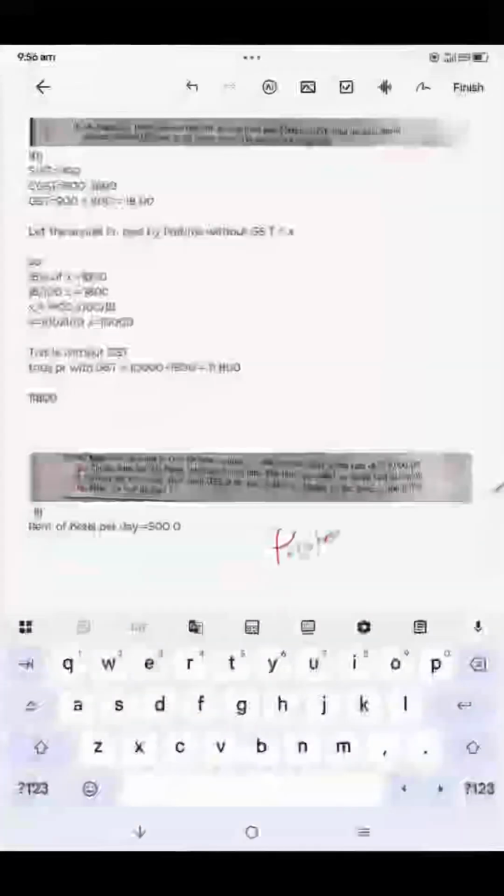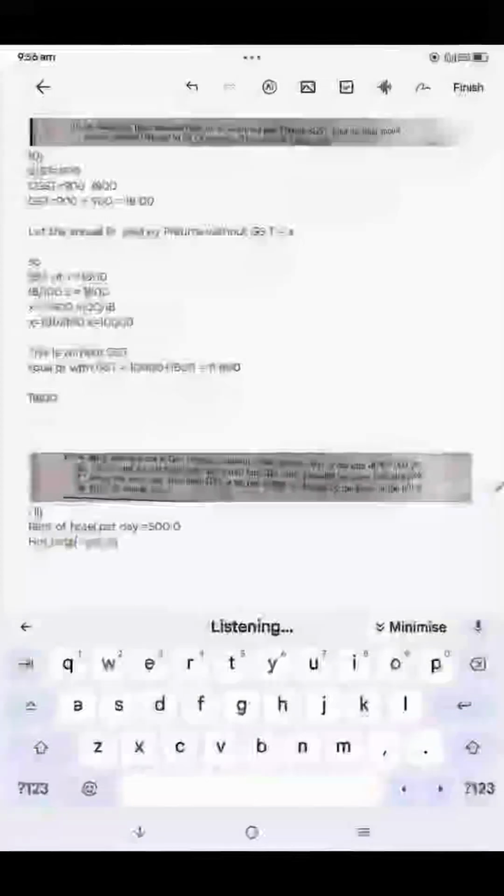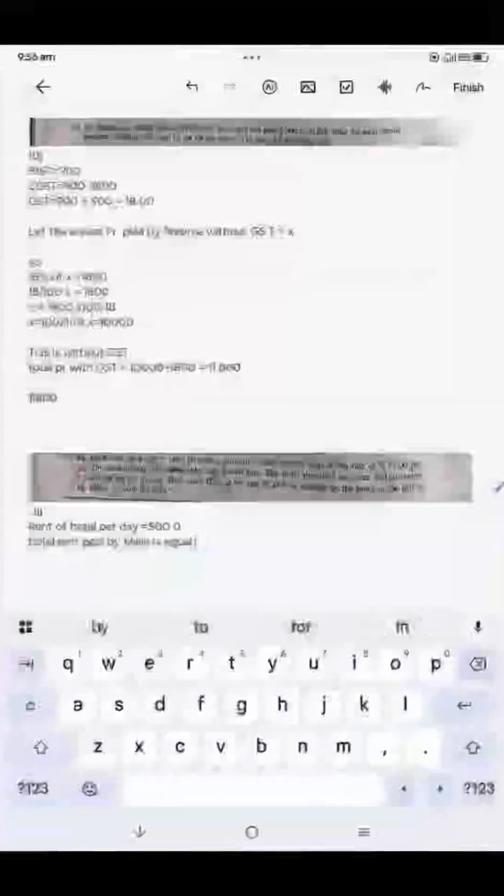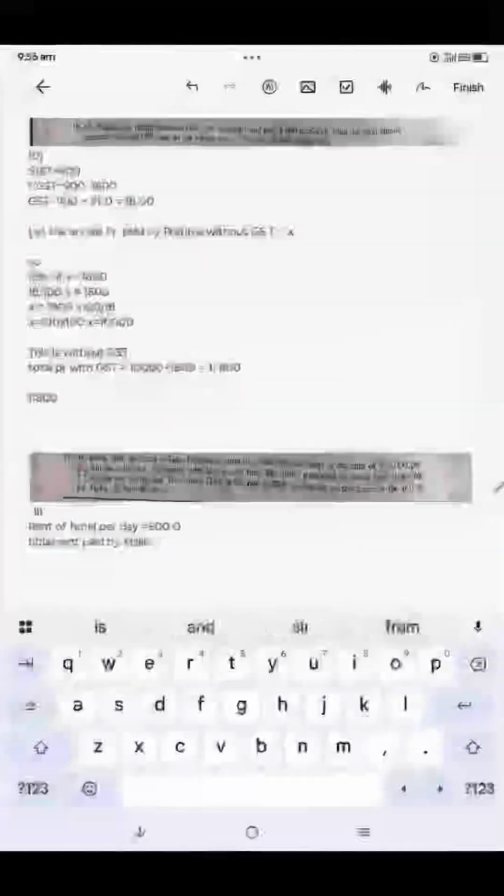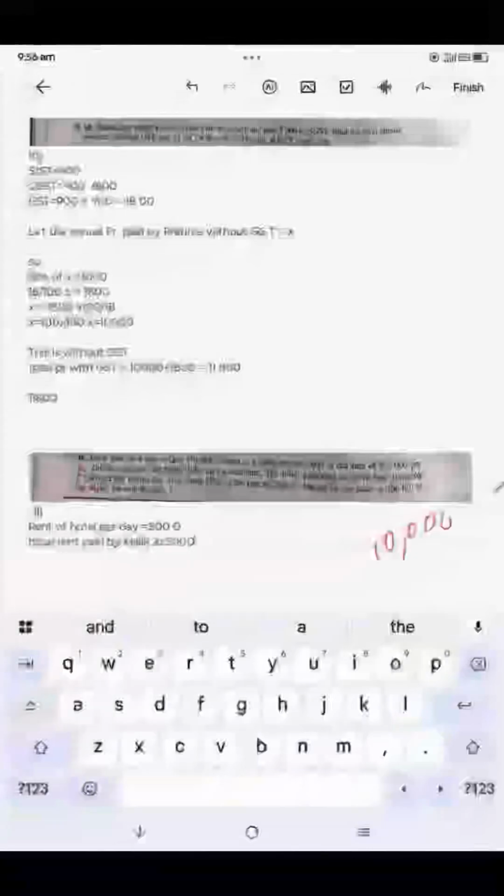Hotel rent paid by Malik is equal to 2 into 5,000. That is equal to 10,000 paid for this.